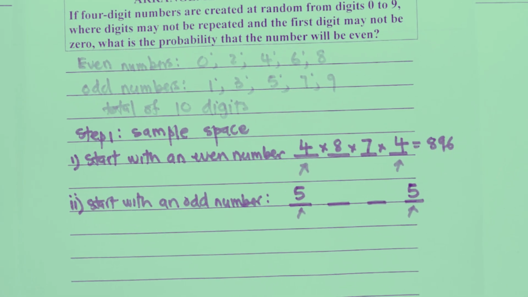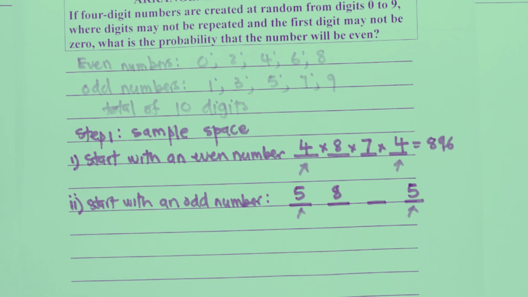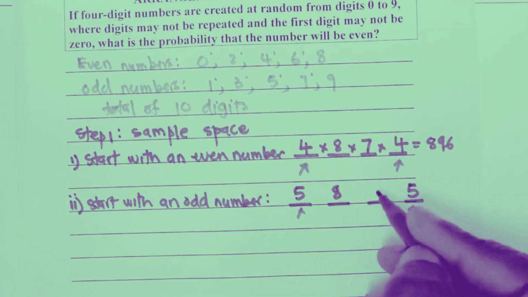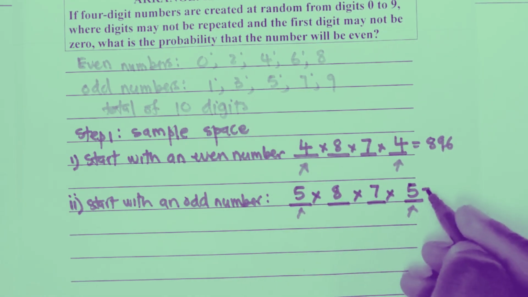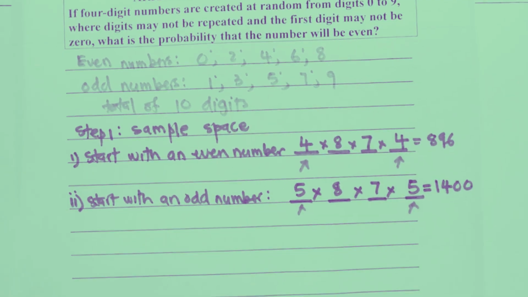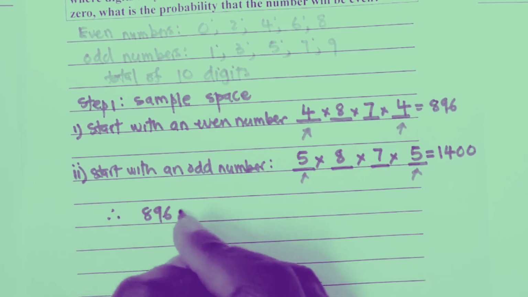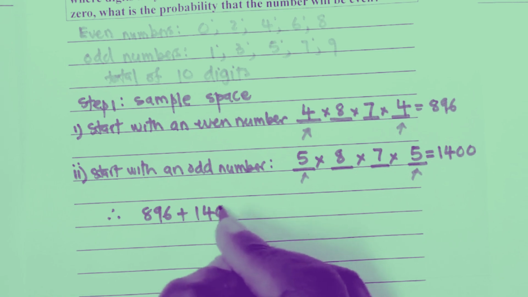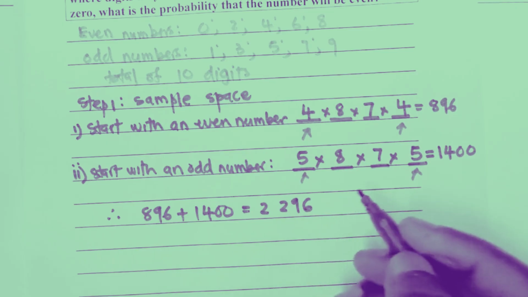It means I'm left with 8 digits for the 2nd position. And remember, the question says digits may not be repeated, so this reduces to 7. Then I'm going to multiply, and I'm going to get 1400. Therefore, my sample space is going to be 2296.